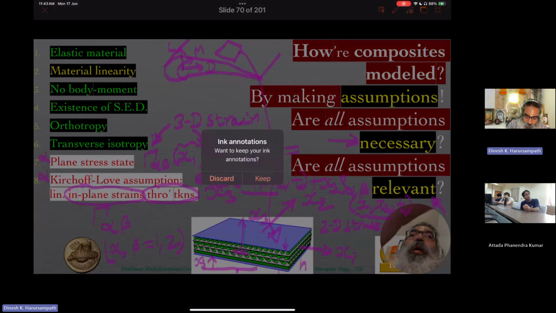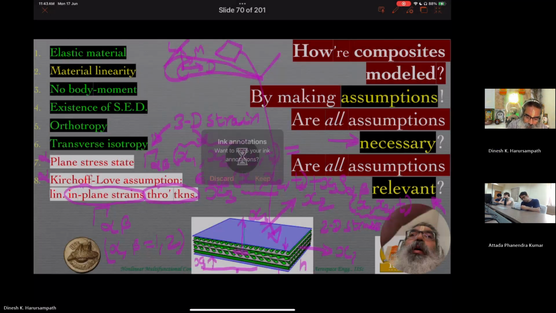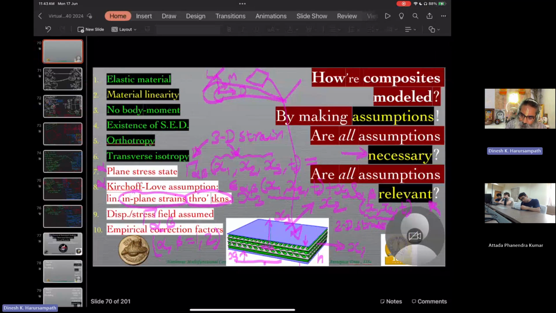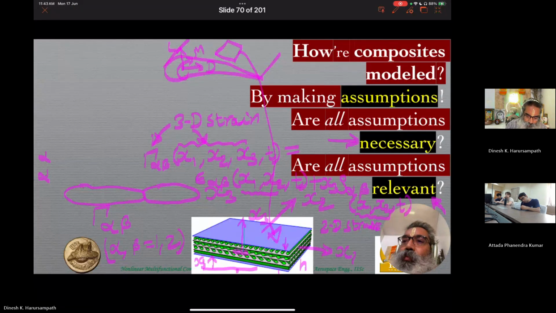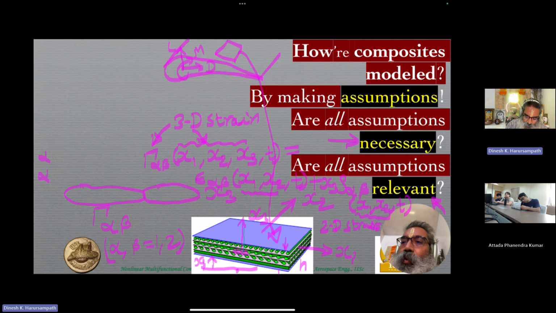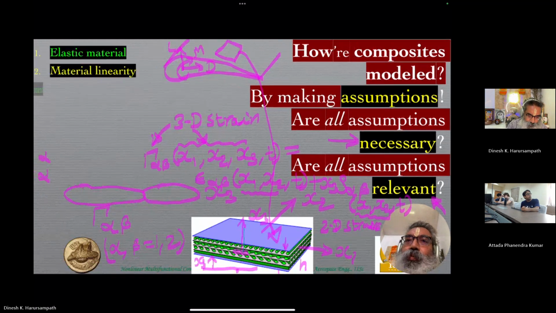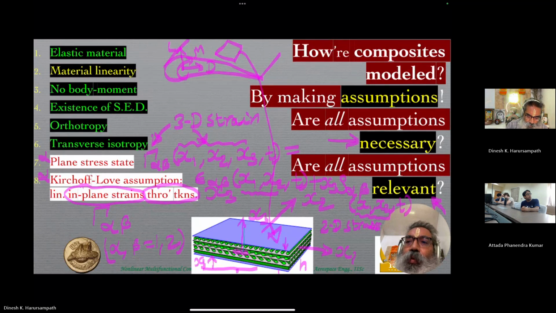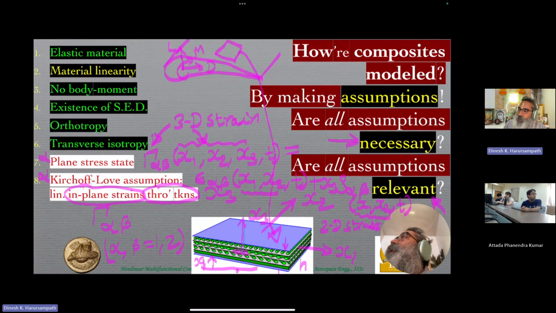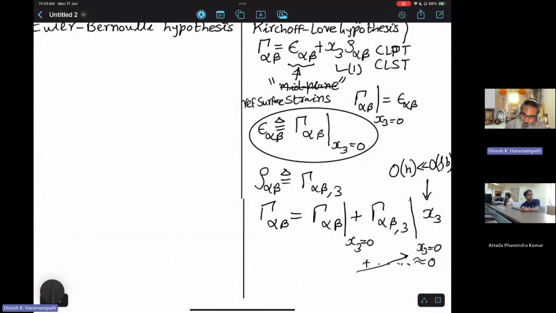So based on all of that, we might make a decision on what is an appropriate X3 datum to choose. Where do we start at X3 equal to 0?